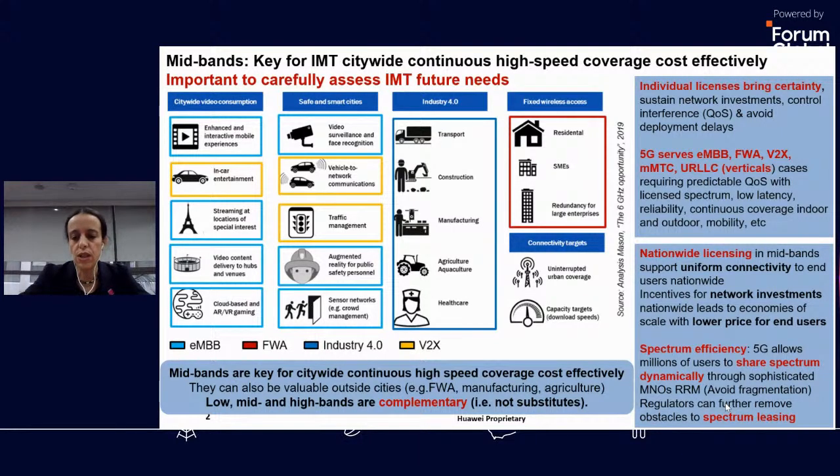We have different users, and these different users are served by the same spectrum resource allocated to that operator. One other point that we also recommend to regulators to increase spectrum efficiency is to remove the obstacles to spectrum leasing. That might be important in some markets to also serve verticals. So next slide, please.